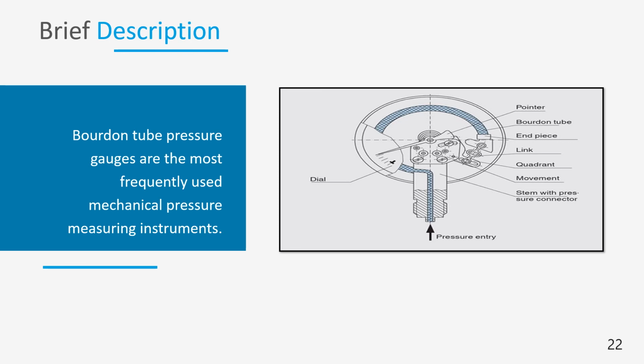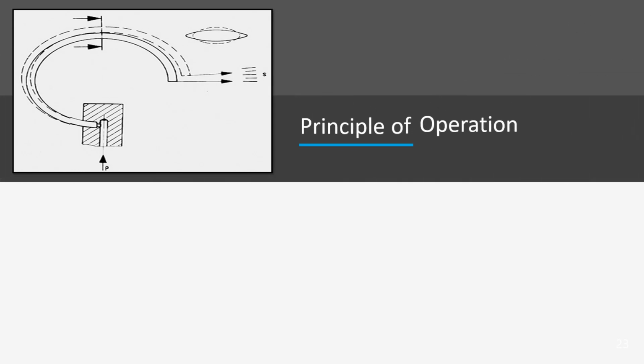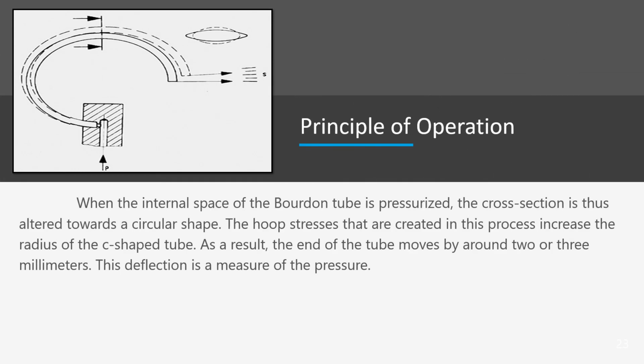It is based on an elastic spring, a C-shaped bent tube with an oval cross section. Principle of operation. When the internal space of the Bourdon tube is pressurized, the cross-section is altered towards a circular shape. The hoop stresses that are created in this process increase the radius of the C-shaped tube.